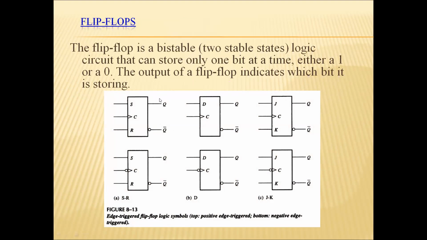There are two complementary outputs, but only one output is taken into consideration. Anyhow, when we design flip-flops, rather logics using sequential logic, we will come across all these things. But right now we only should know that a flip-flop is a 1-bit memory. It can store either 1 or 0 at a time.